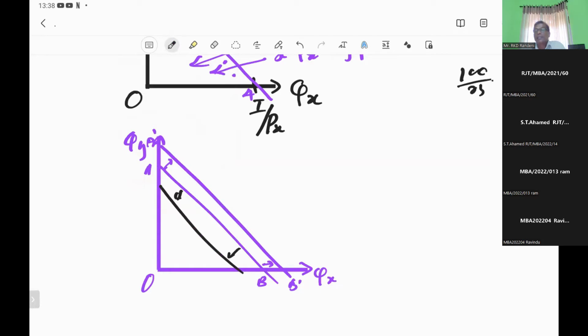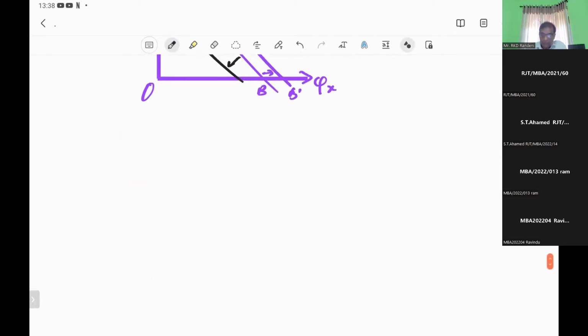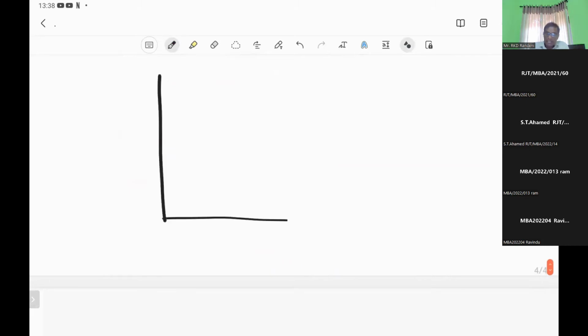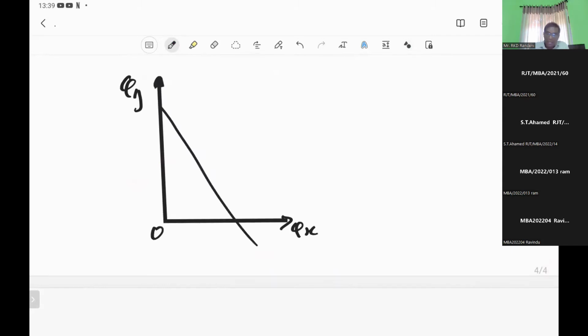Likewise, you have to realize, right? Then assume that here quantity Y, quantity X, 0. This is the budget line. Assume that the price of X is reduced. Now, with 100 rupees, at 25 you can buy 4 units.